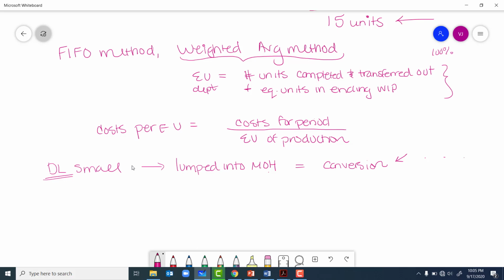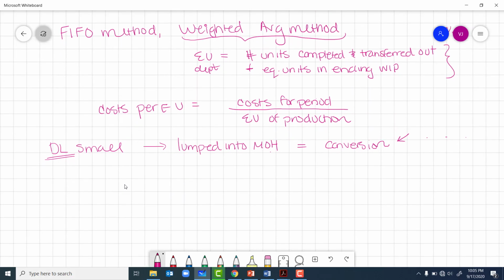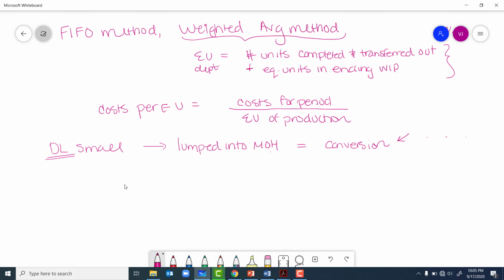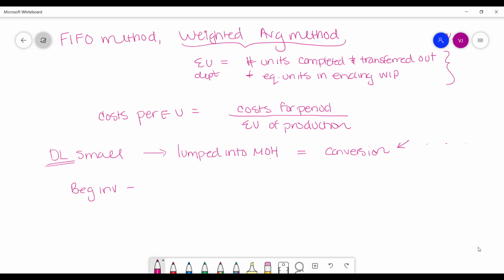And just lastly, a relationship here that will definitely be useful to understand what's happening in that template. When you take beginning inventory and you add the units transferred in from the other department, so if you're Department B, for example, whatever you start with in Department B, if you add the units that came from Department A, that should be equal to the units that you completed in Department B, plus whatever you're left with in ending inventory.